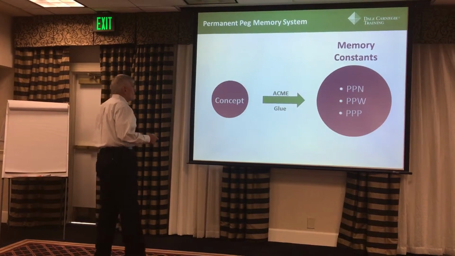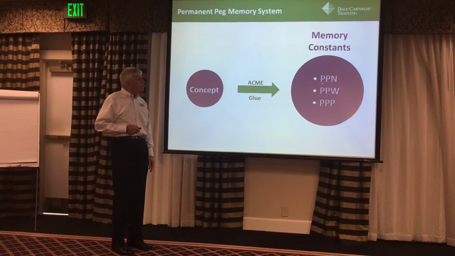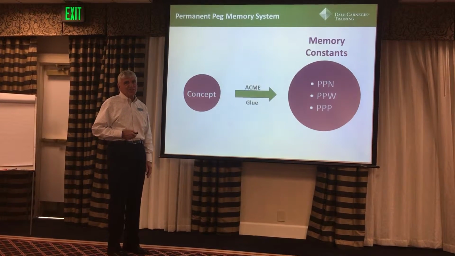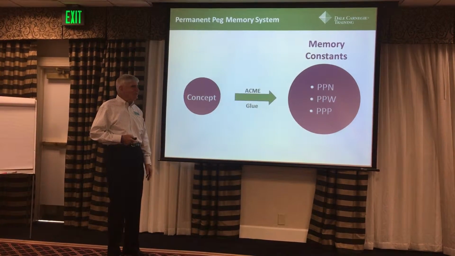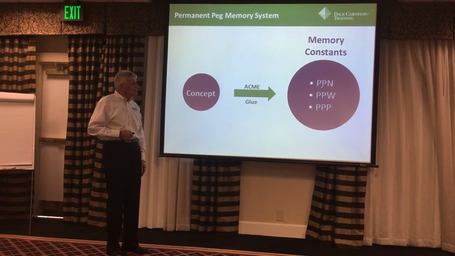Now, we're going to talk about concepts here and things to remember. We're also going to talk about what's called a permanent peg number. Numbers are numbers, always going to be the same. So it is a permanent number, and it goes with our pegging system.